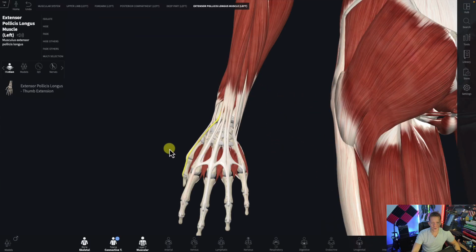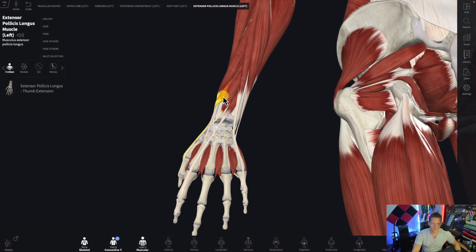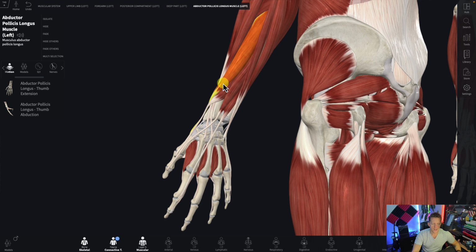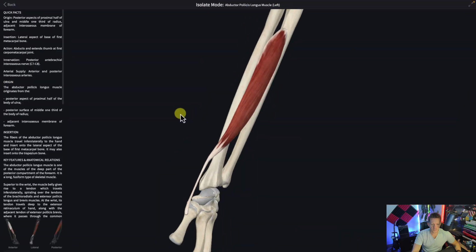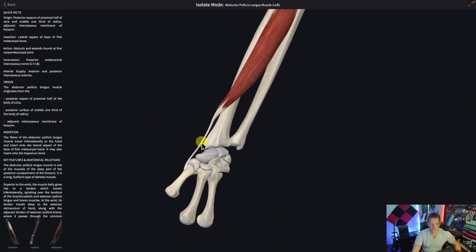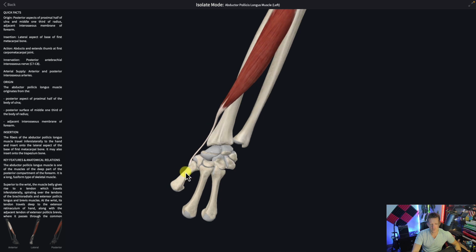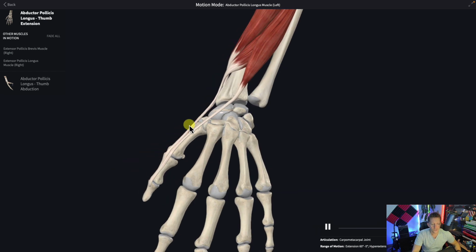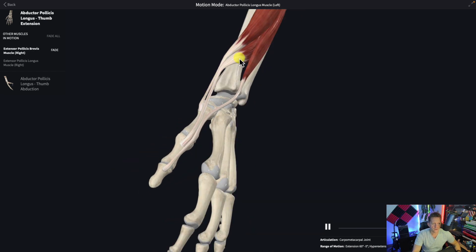Now let's go a little bit deeper. Here we have extensor pollicis brevis and abductor pollicis longus. Abductor pollicis longus is inserted into the first metacarpal. And then there's another muscle, extensor pollicis brevis.